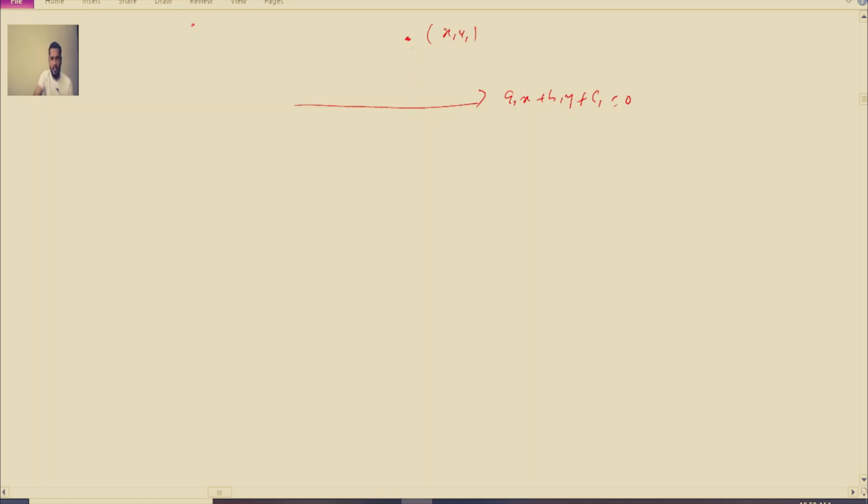We have studied the perpendicular distance of a point to the line. So what is the procedure we have studied? Now the question is, what is the angular distance of this point?